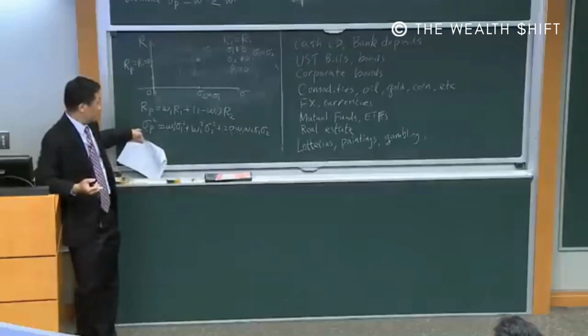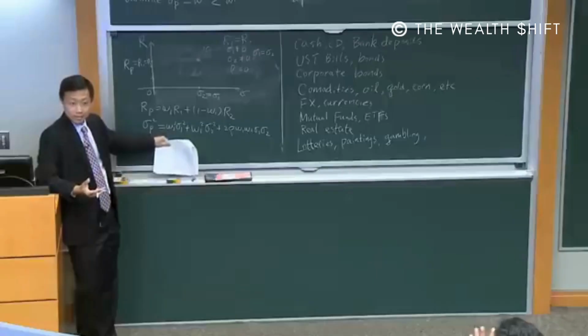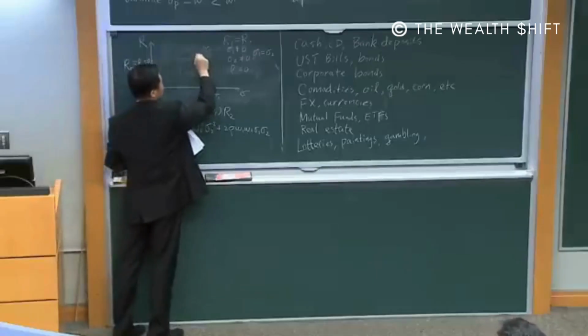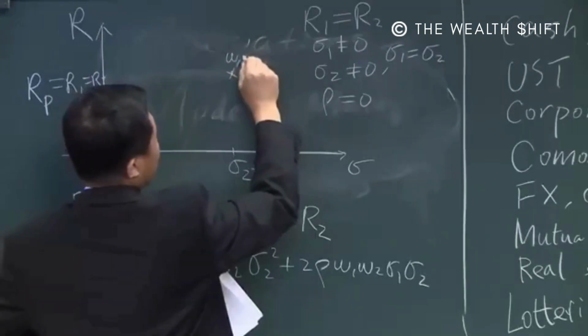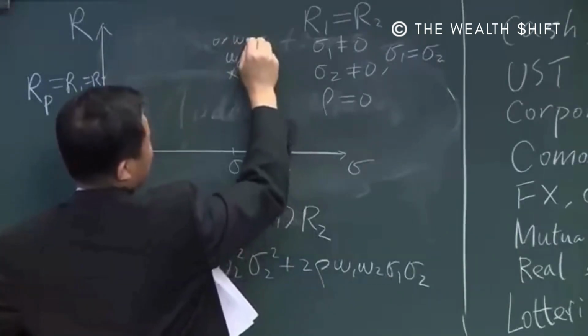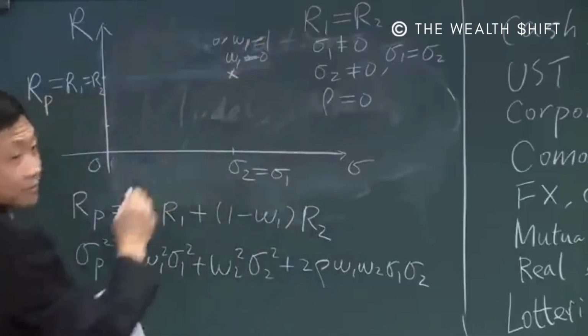So you take the derivative of this variance with regard to the weight, and then you minimize that. So at this point, W1 equals 1. You're at this point, right? Agree?